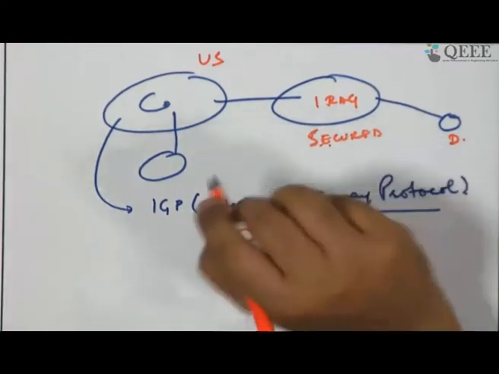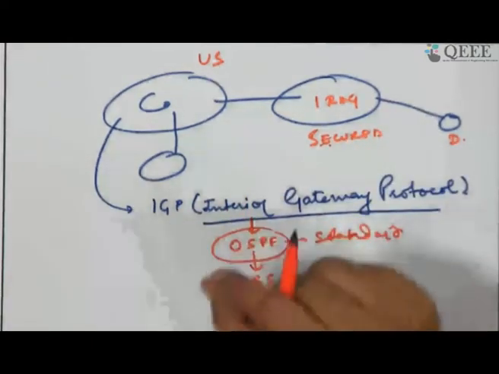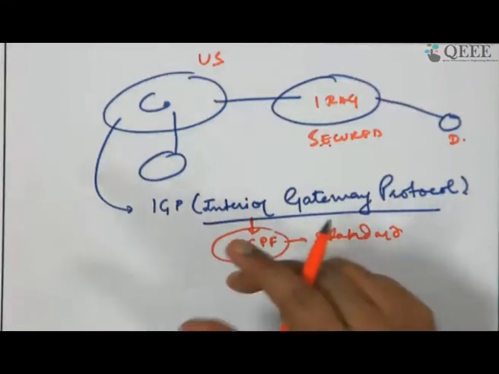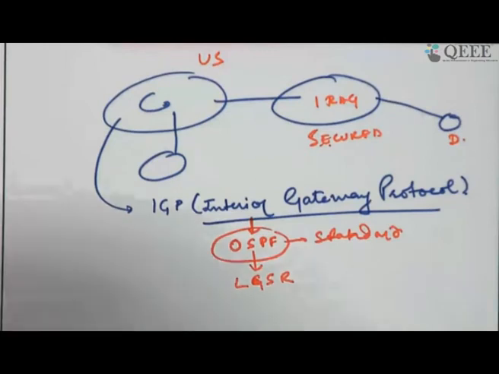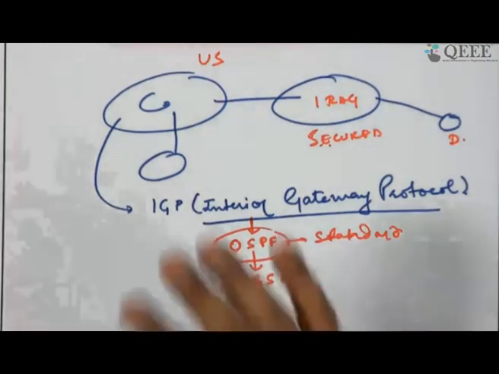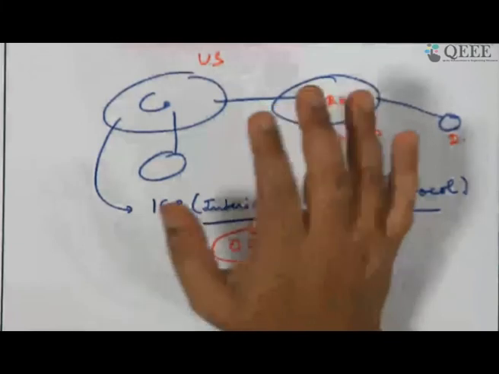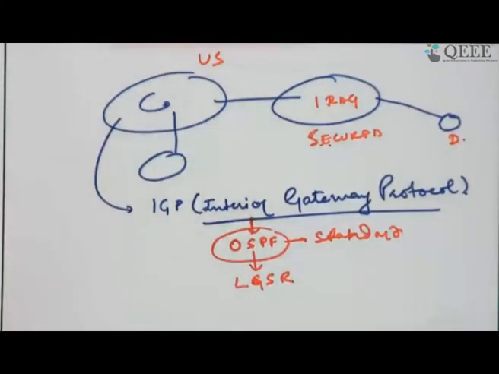BGP takes care of that. You can put all these rules in BGP when configuring: even if it costs more, do not choose Iraq. There can also be other considerations, such as choosing a cheaper network.